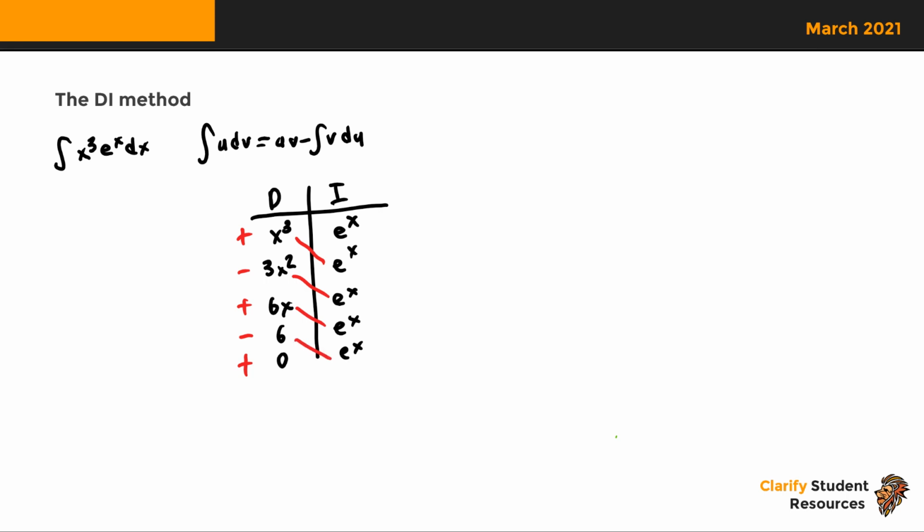And then to write our answer, we basically just follow the signs and we put the things together. So we're going to have x cubed e to the x minus 3x squared e to the x plus 6x e to the x and then minus 6 e to the x. So then this is basically going to be our answer.